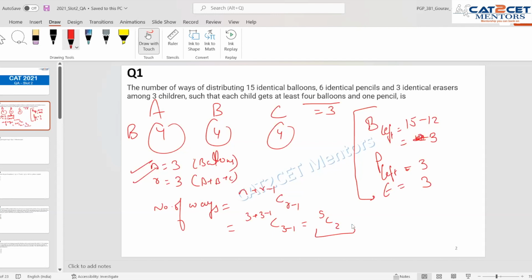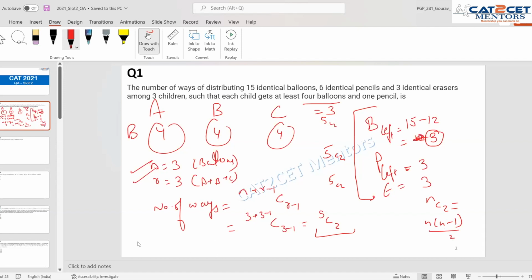This is the number of ways for balloons. Similarly, r is the same again, so for pencils and erasers we again have 5C2 ways, and we know the value of nC2 is n into n minus 1 divided by 2.